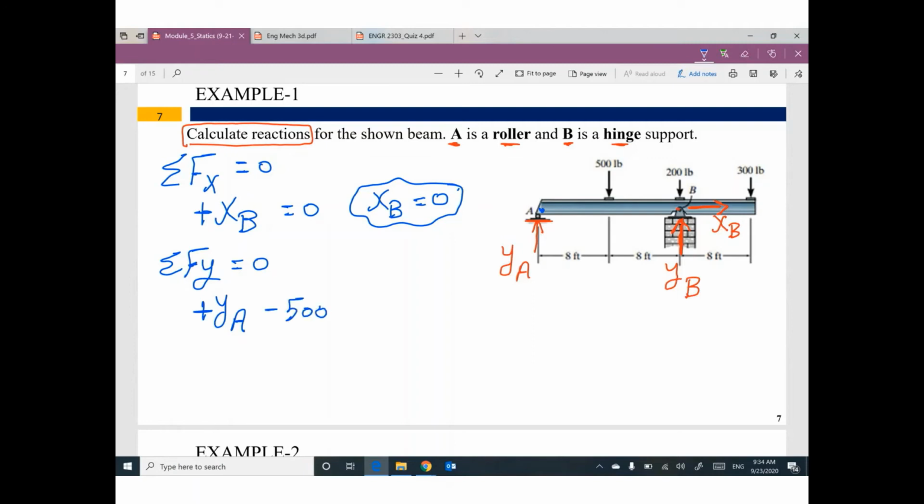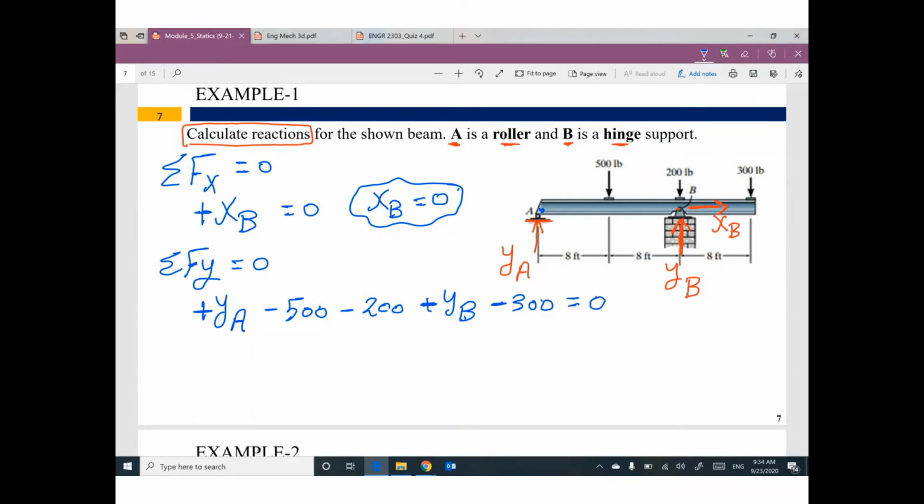We have negative 200. We have positive YB. We have negative 300. Anything else? Are you sure? Nothing else. All of this equals 0.